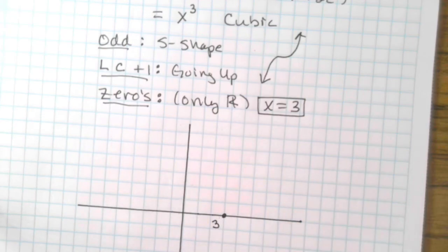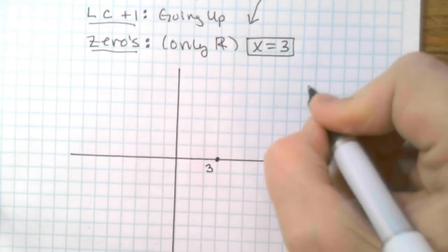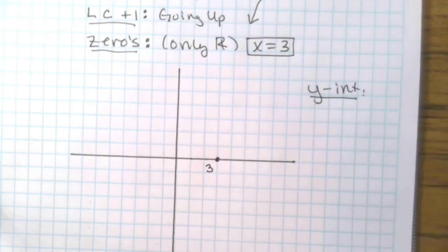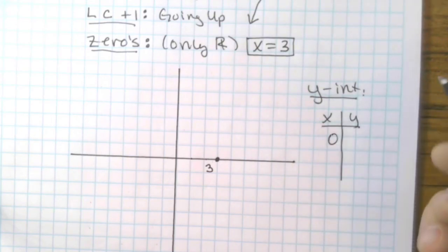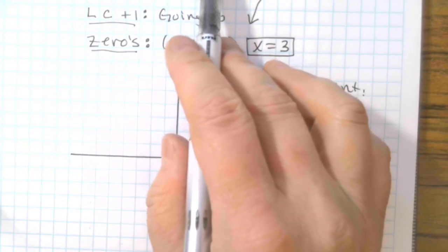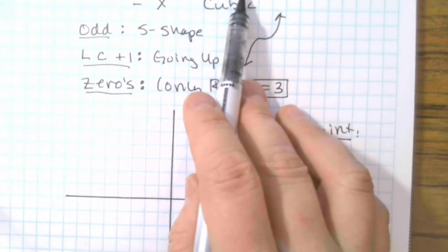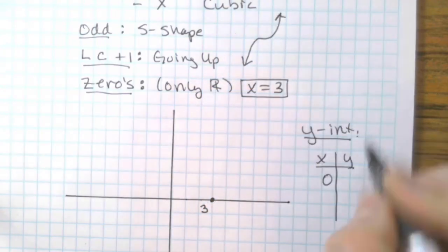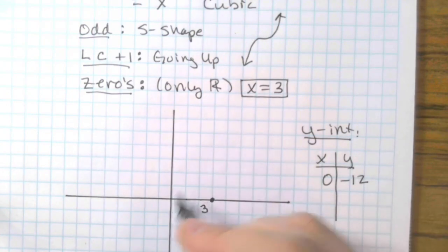The question is, what are the critical points that we actually need to graph? So we probably need to find the y-intercept. So you're going to set x equal to 0 and solve it. We end up with negative 3 times negative 2i, which is 6i, times 2i is 12i squared, which is negative 12. So it crosses way down here.